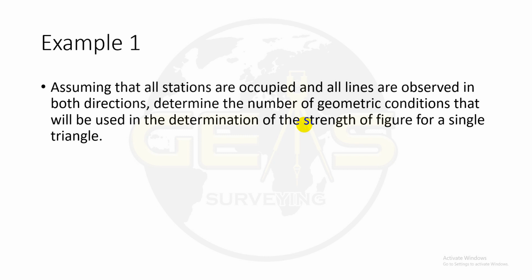Okay, so what we have here is a triangle. Let's write the formula for geometric conditions. C is equal to n prime minus s prime plus 1 plus n minus 2s plus 3.